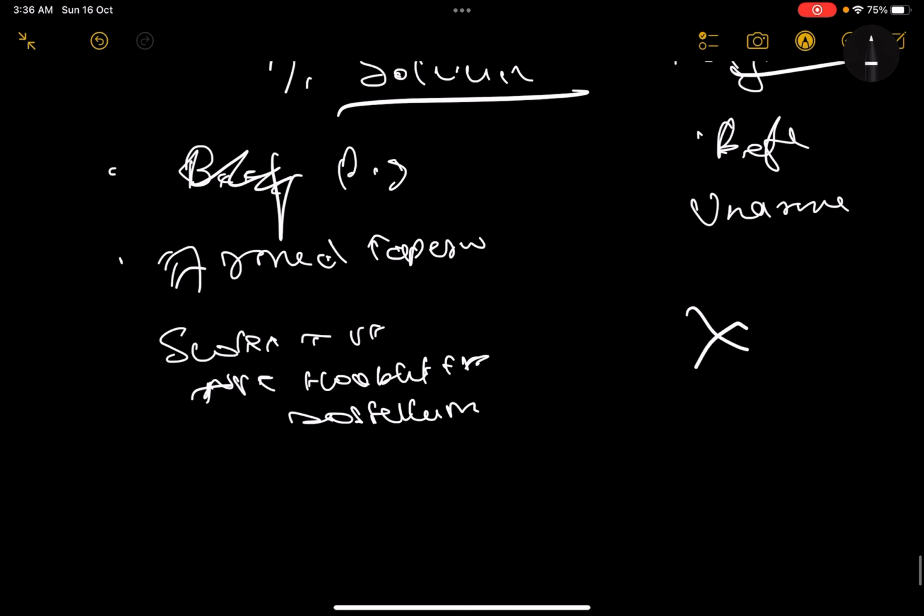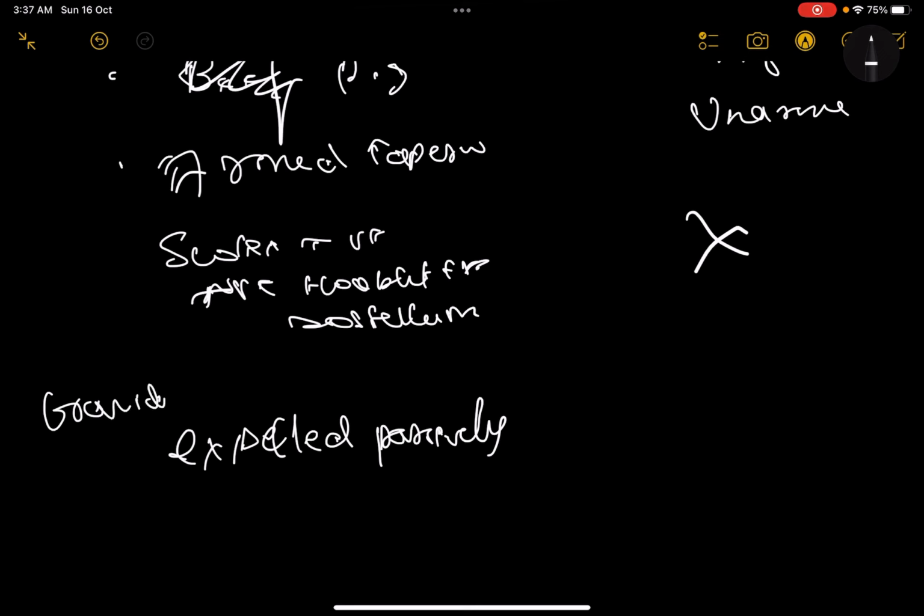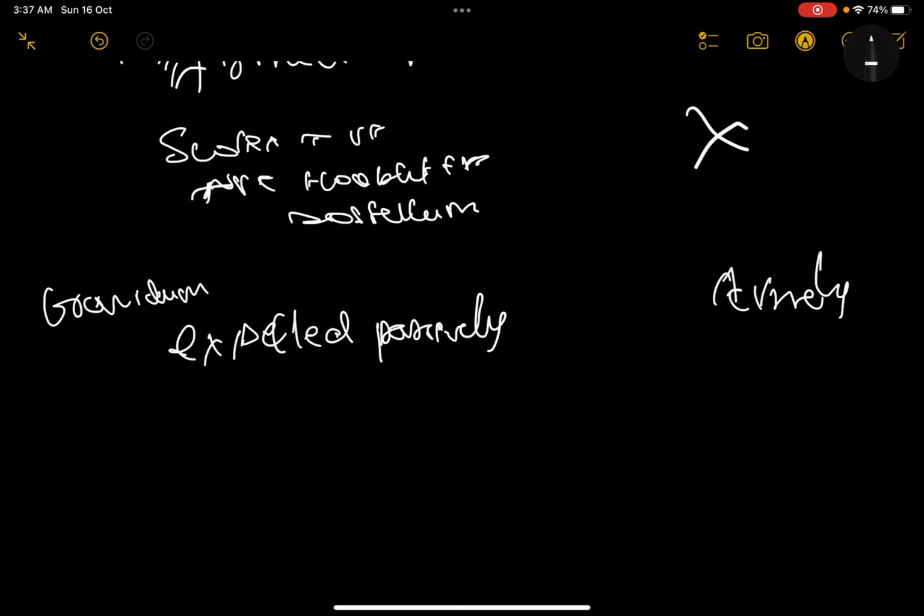Here none of it is present. Okay, this is expelled passively, as in the gravid segment. If this is asked, expelled passively, this is expelled actively. Okay, what area is affected? Again, both of them have the same area, jejunum plus ileum.